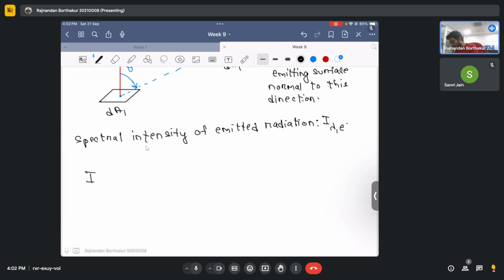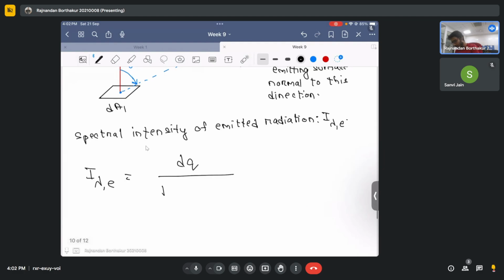The spectral intensity of radiation is generally denoted as I lambda. Lambda suggests that the property is dependent on the wavelength, and we'll denote it as I lambda,e, which means it's the spectral intensity of the emitted radiation, and it is formally defined as dq, I'll tell you what dq is, divided by dA1 cos theta times d omega times d lambda.